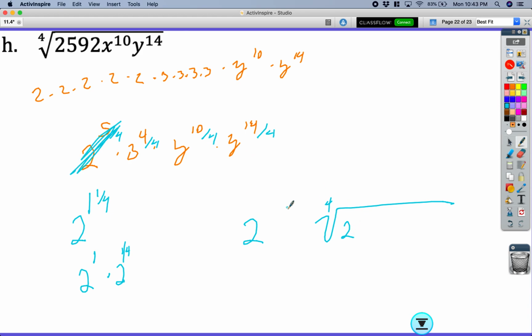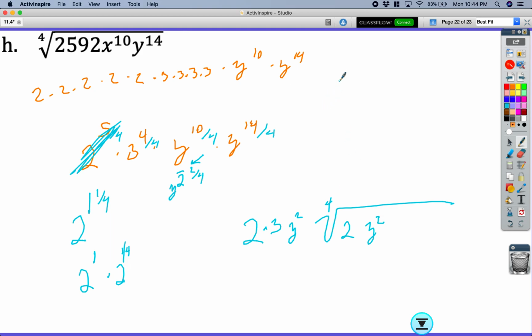Next, I would have 3. And then over here, you would have y to the 2nd. And you have basically a leftover. So what I'm doing here, guys, is this y to the 2nd goes on the outside. This would be the power on the inside, so it would be y to the 2nd and the 4th root.